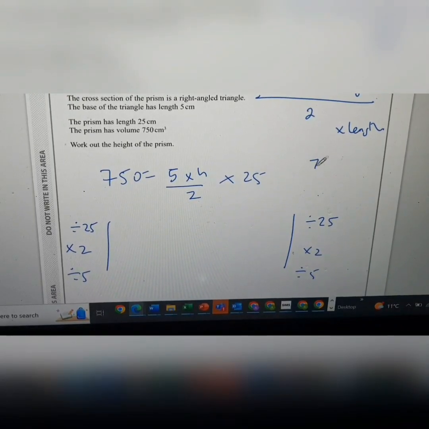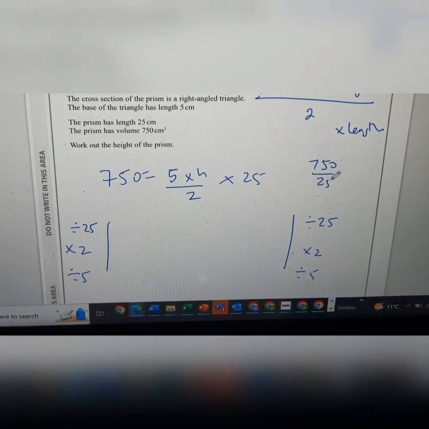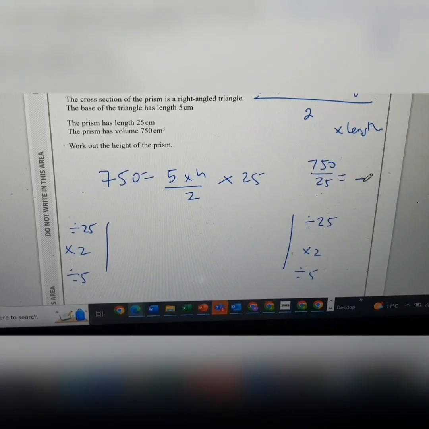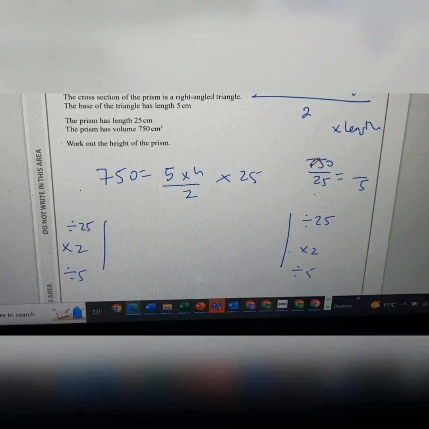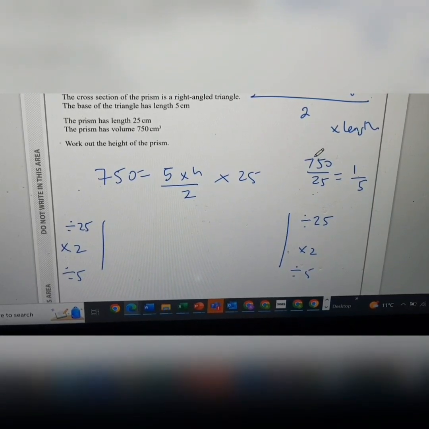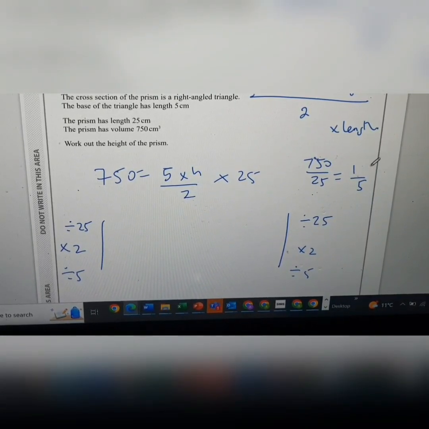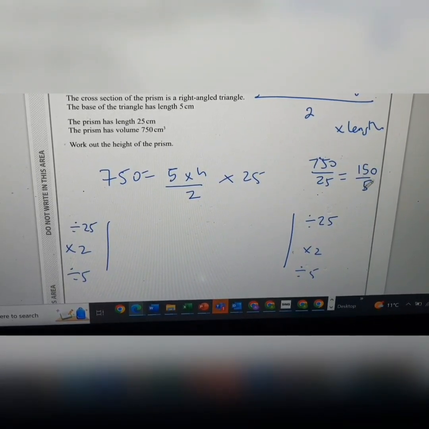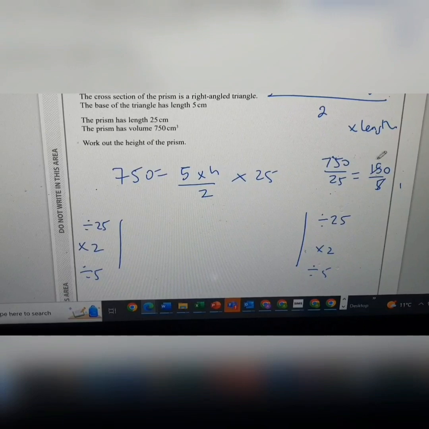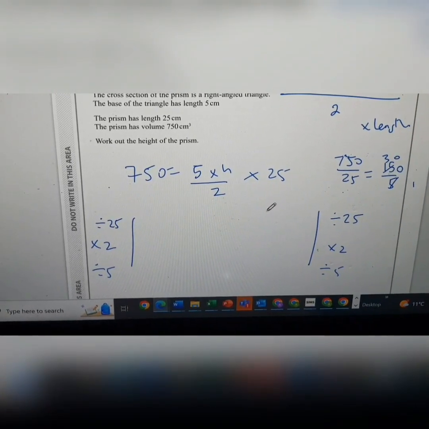You're going to do 750 divided by 25, then divide both by 5. So 25 divided by 5 is 5. 5 into 7 is 1 remainder 2. 5 into 25 is 5, and then that's 0 there. Then divide that by 5 again. 5 into itself is 1. 5 into 15 is 3, and then the 0, so that's 30.